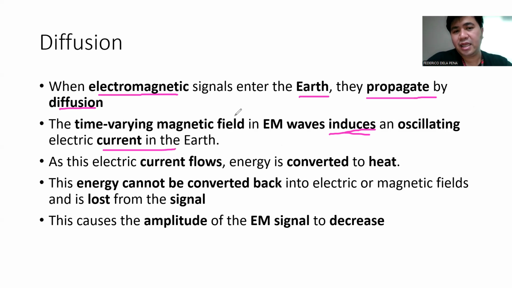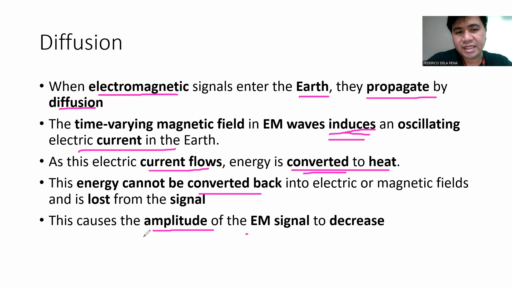As the signals penetrate the earth, they will induce electric currents in the earth, and some of them will be wasted as heat energy, and it cannot be recovered. It will be a lost signal. Generally, when you have a highly conductive body or highly conductive subsurface, you tend to lose a lot of energy when you're propagating waves.